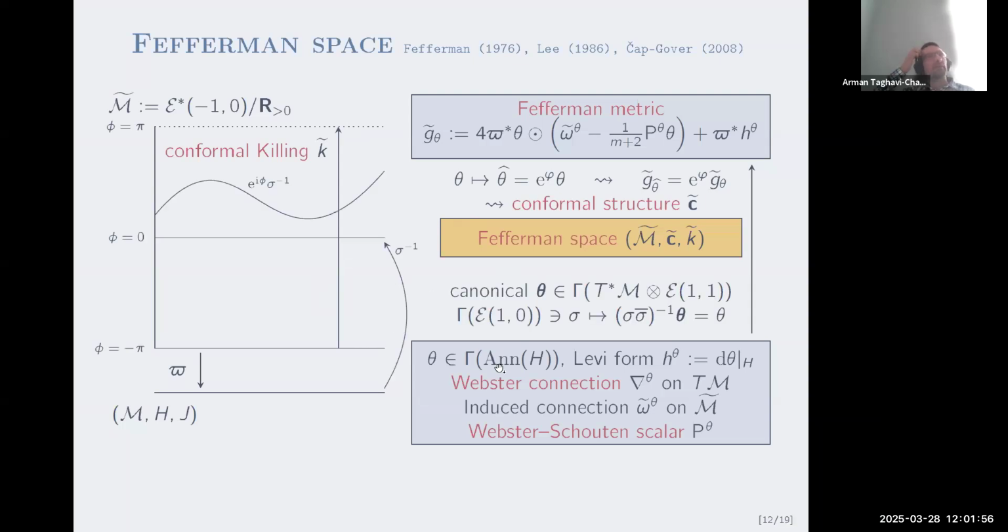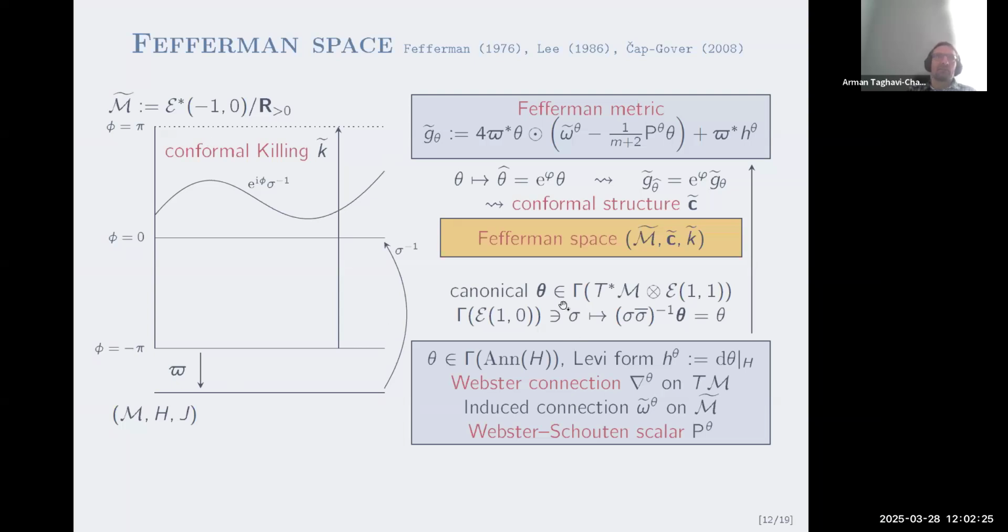Okay, so once I've chosen my contact form, I can interpret the densities of weight (1,0) that I mentioned earlier on as sections of this bundle. So I choose a contact form and I have a Fefferman metric.